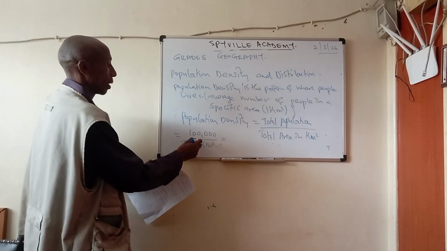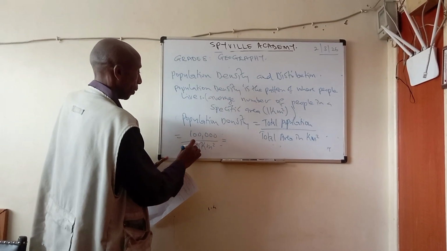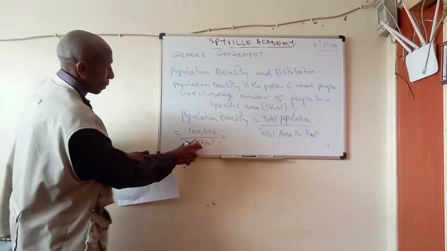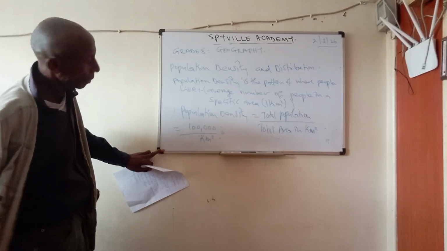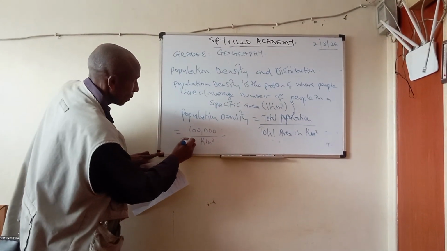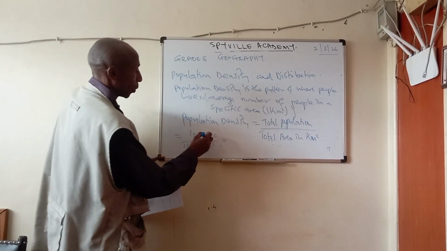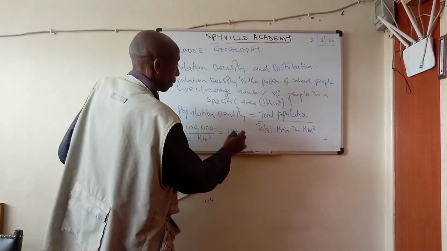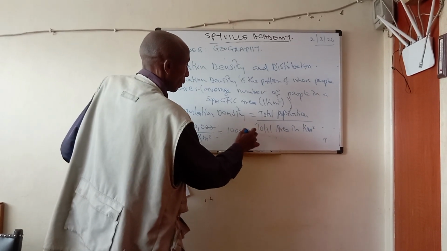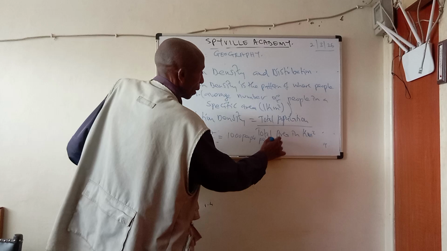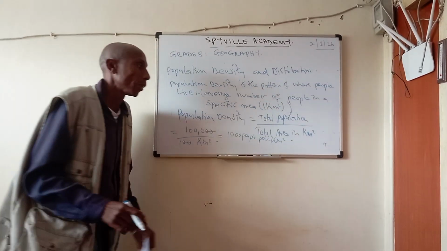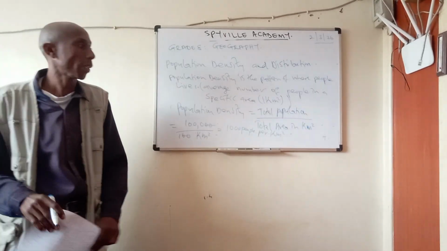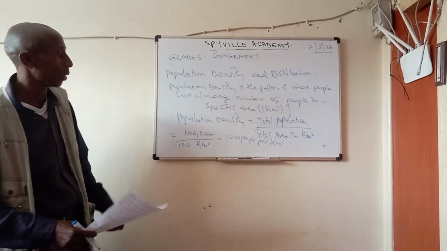We divide these, and you realize we have 10,000 people per kilometer squared. So that's the main formula for calculating population density.